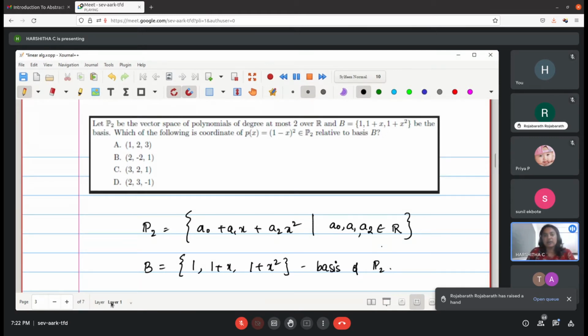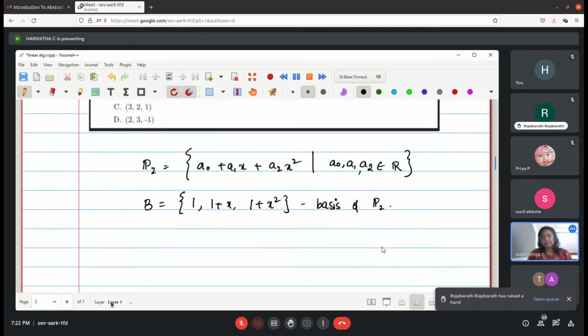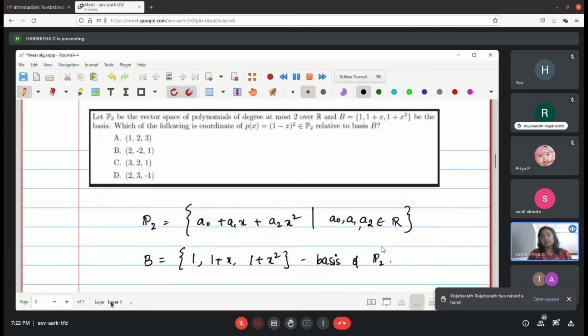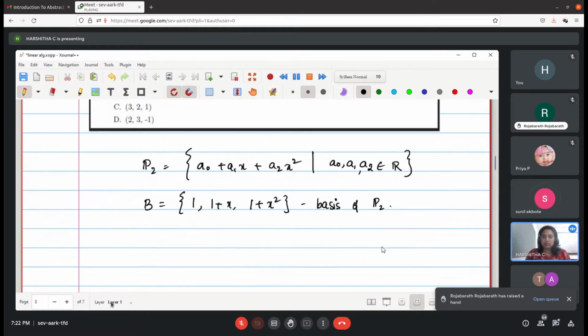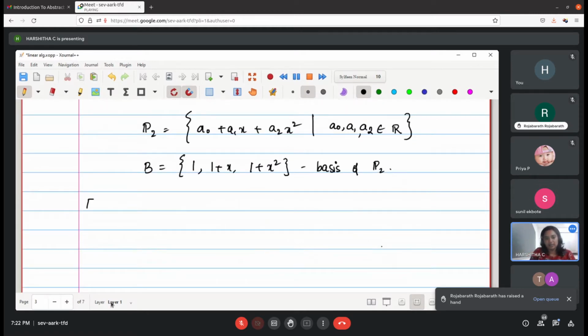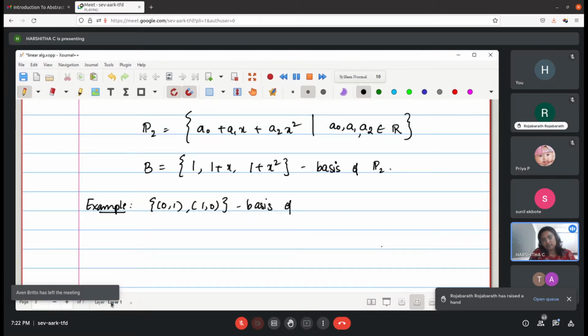And when we say coordinate, we know that any vector can be written as a linear combination of the basis vectors, right? So when we say coordinate, it means what is the linear combination? Let's just look at an example. Let's take (0,1) and (1,0), a basis of R2.